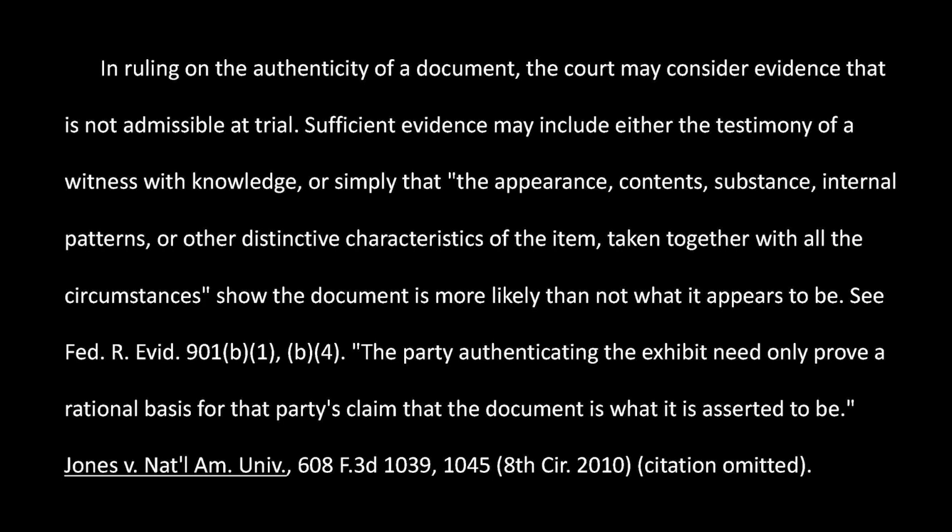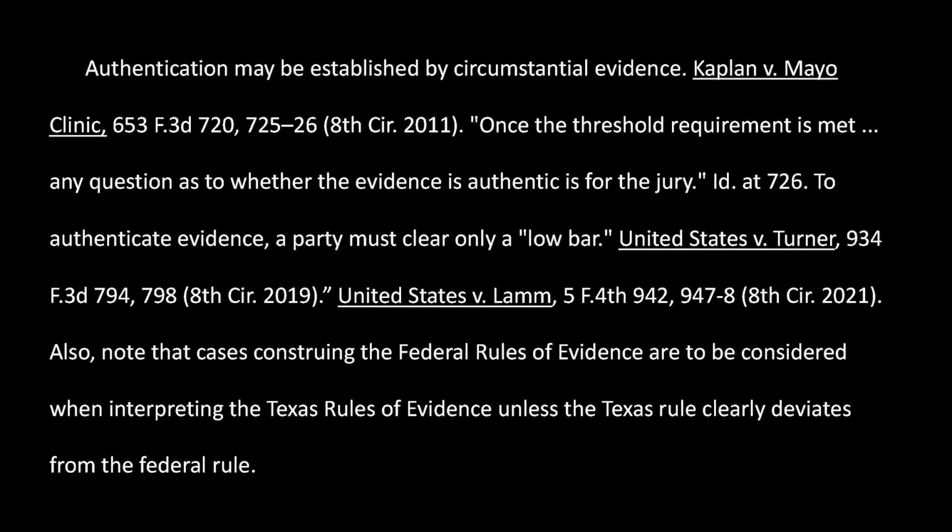The party authenticating the exhibit need only prove a rational basis for that party's claim that the document is what it is asserted to be. Once the threshold requirement is met, any question as to whether the evidence is authentic is for the jury. To authenticate evidence, then, a party must clear only a low bar.